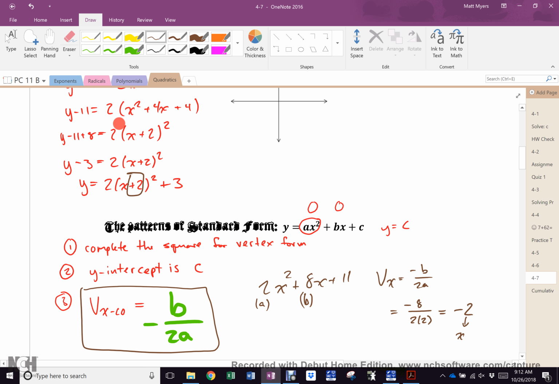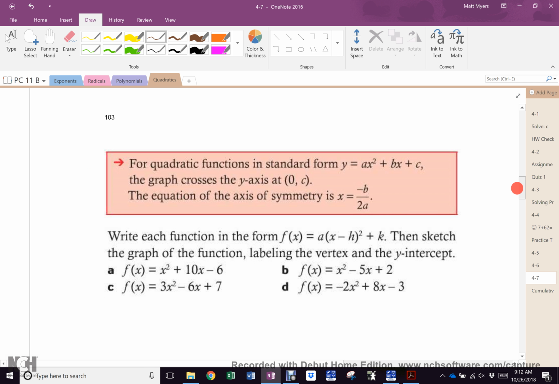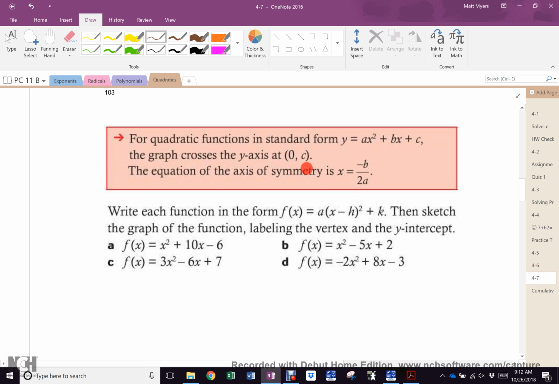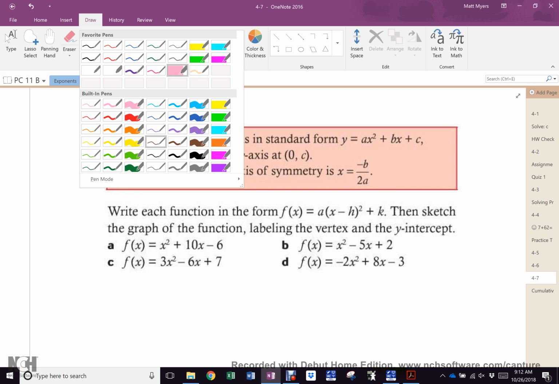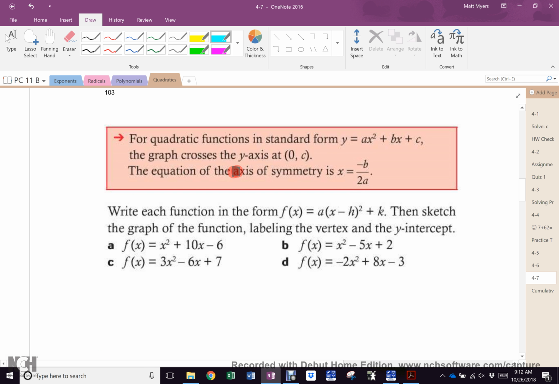Everybody okay? Now, of course, if you didn't bother to write this down, turn the page over, what happens? There, it's right there. Now, of course, please notice what I have called it in your notes, though. It's the equation of the axis of symmetry, yes? Because that's the x value of the vertex.